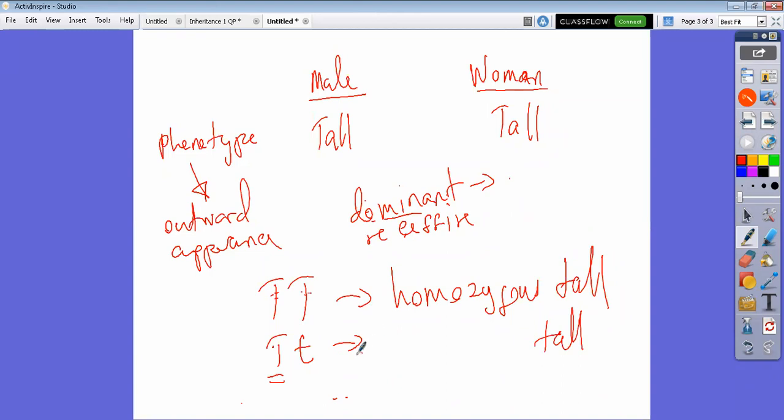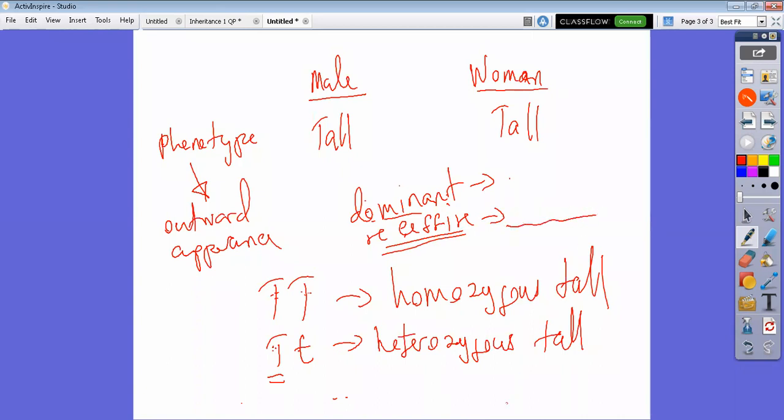So it's heterozygous. We've got a heterozygous tall. Are we together? If an allele is recessive, it can only be expressed in the phenotype when it's homozygous. Clear?